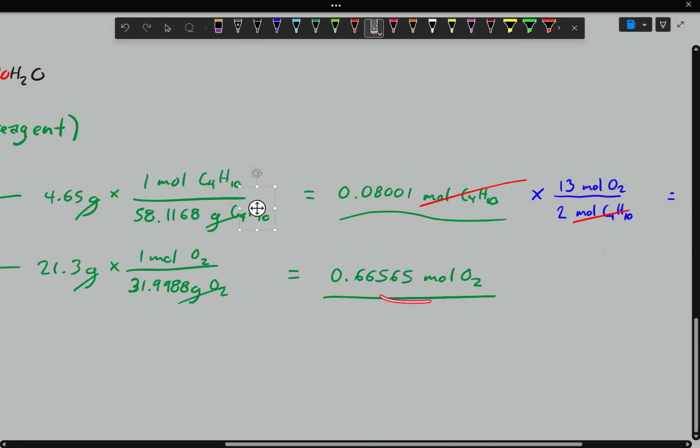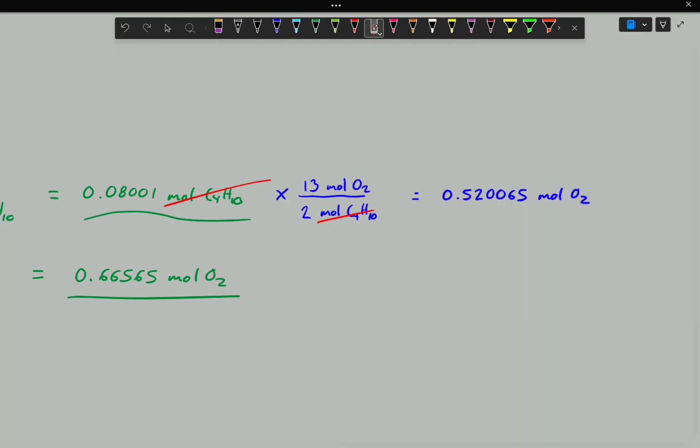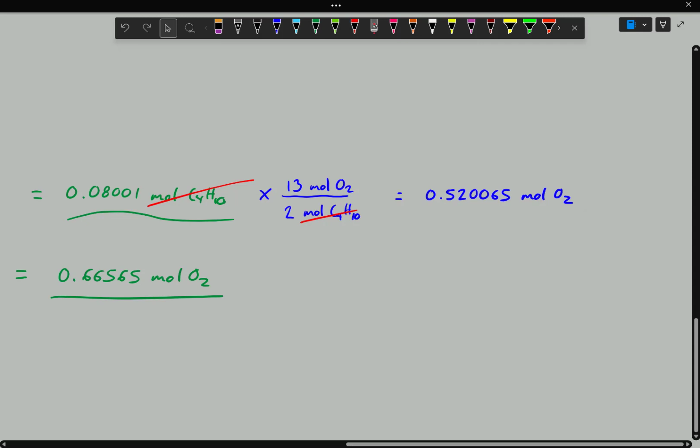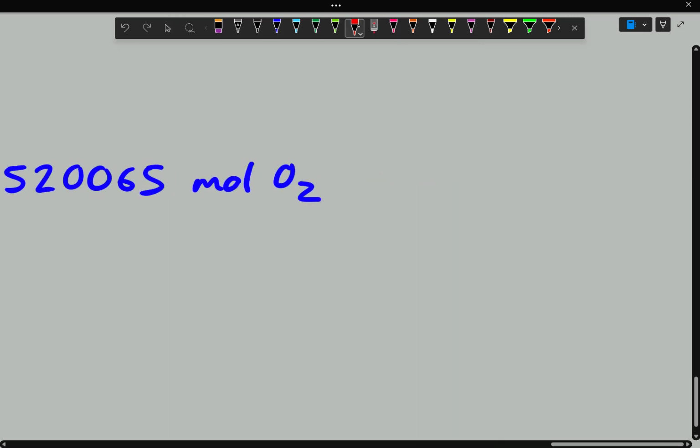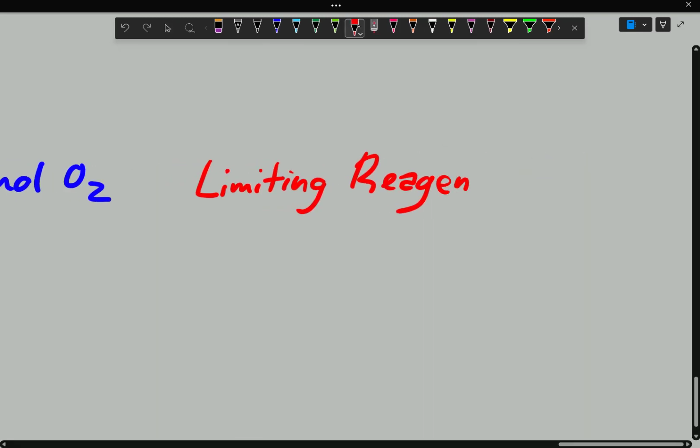Our starting amount of oxygen is 0.66565 moles. We can see that this value is less than the given amount of oxygen, which means that our butane is going to run out first. This means that our limiting reagent is butane.